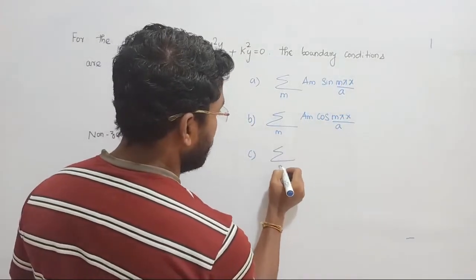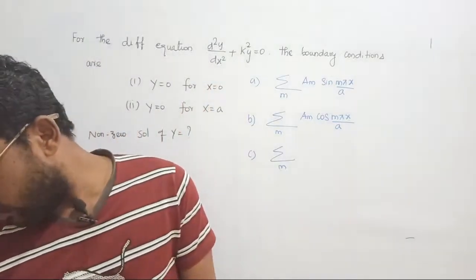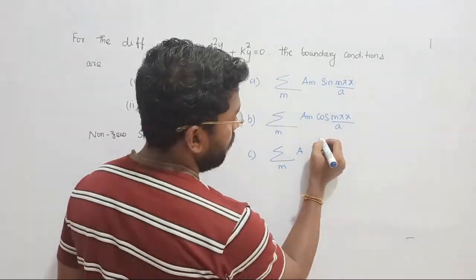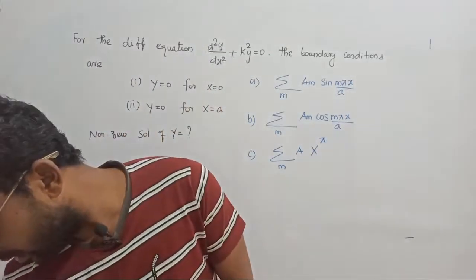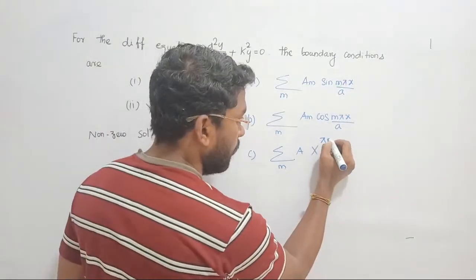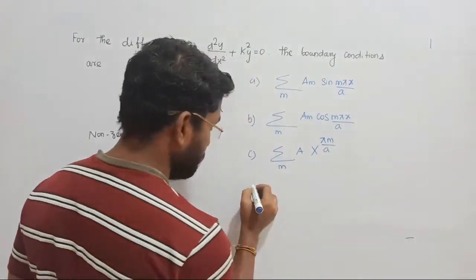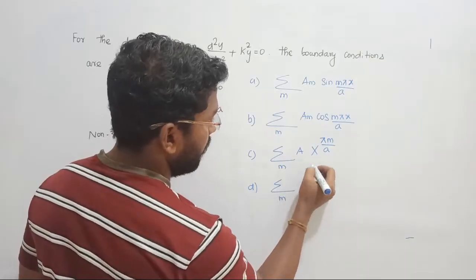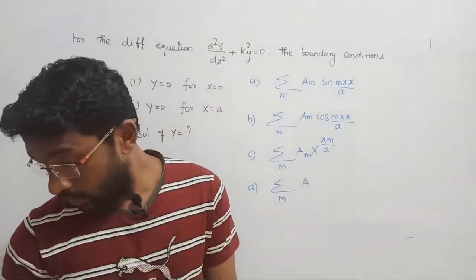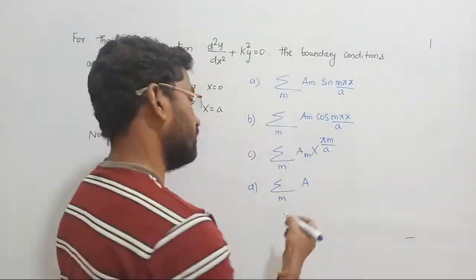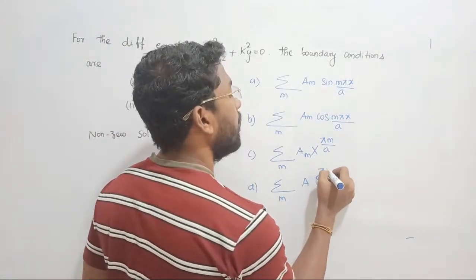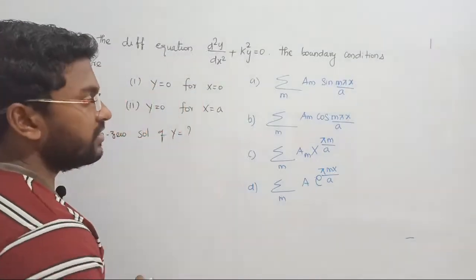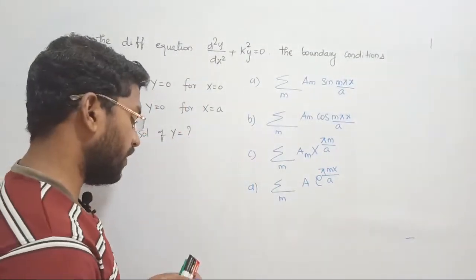Option C, what they told is a into x power pi m by a, I think. Yes, that is pi m upon a, because there are no other possibilities. Summation m, arbitrary constants am, am into e power (pi m x upon a). Out of these 4, which is the correct option? We have to figure that out.